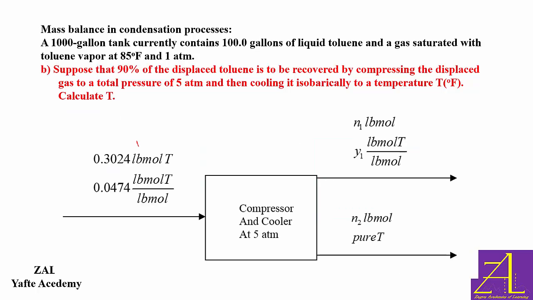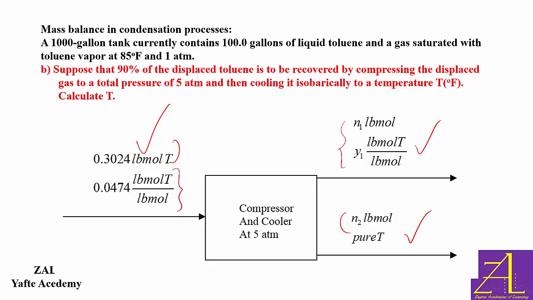The feed stream, moles, and composition is known from the previous calculations. Let's number the outgoing streams as number 1 and number 2. Here we are going to have 3 unknowns, 2 here and 1 there. We can write 2 balance equations since we have 2 components, and 1 process specification related to 90% recovery.